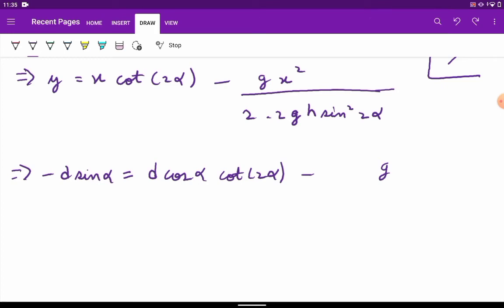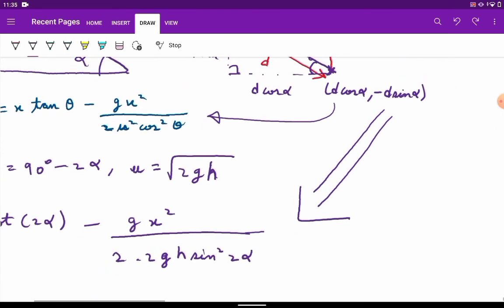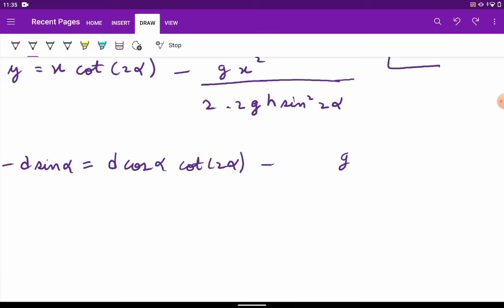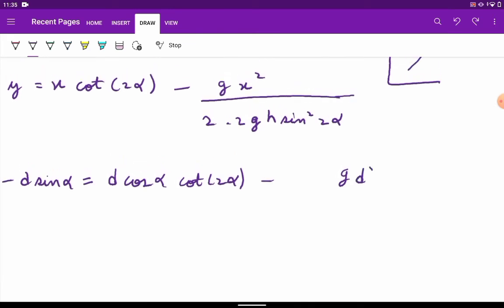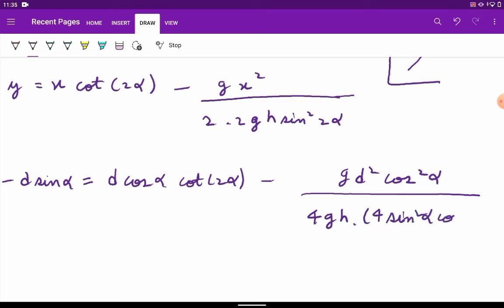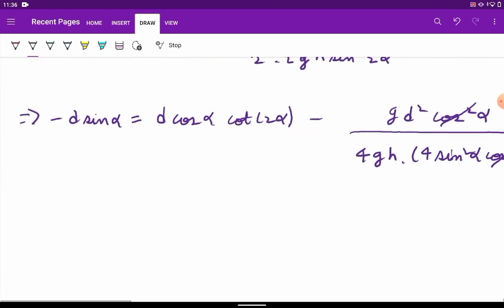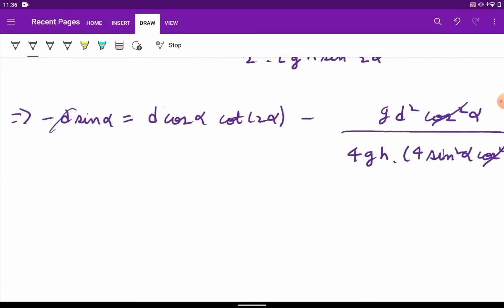So what is x square? This is d cos alpha, so x square is d square cos square alpha by 4gh times sine square 2 alpha. Sine 2 alpha is 2 sine alpha cos alpha, so this would become 4 sine square alpha cos square alpha. Cos square alpha cancels out. And one more thing, all these d's cancel out.